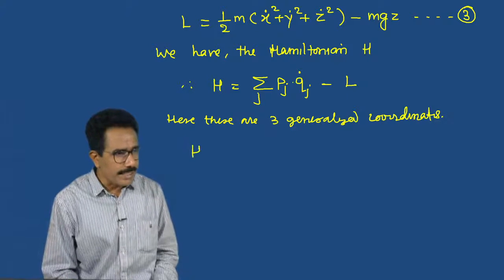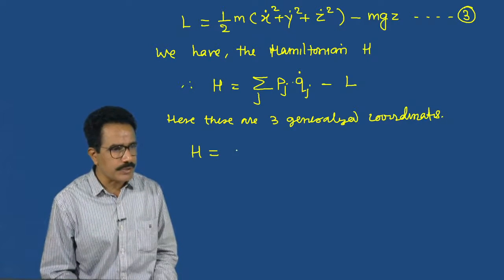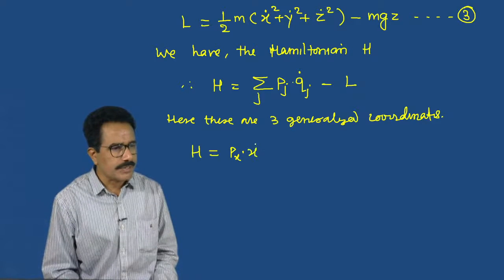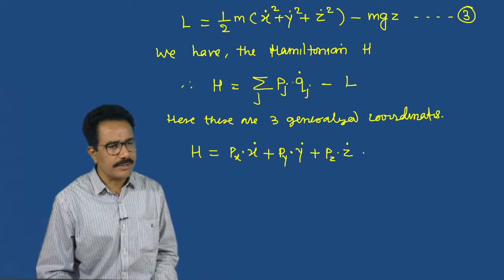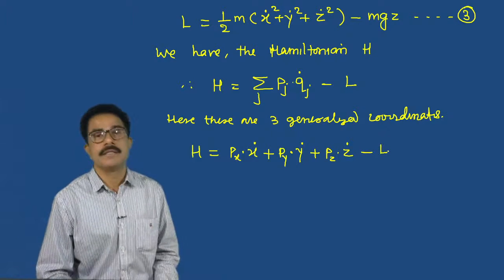So we can write this Hamiltonian H is equal to px into x dot plus py into y dot plus pz into z dot minus L.